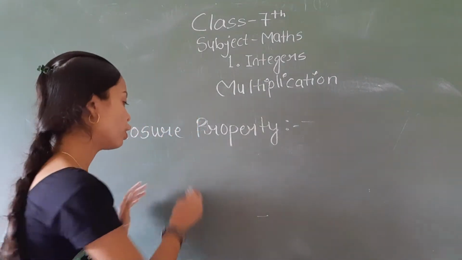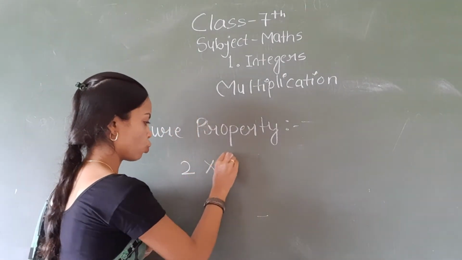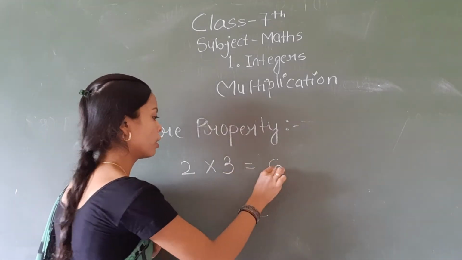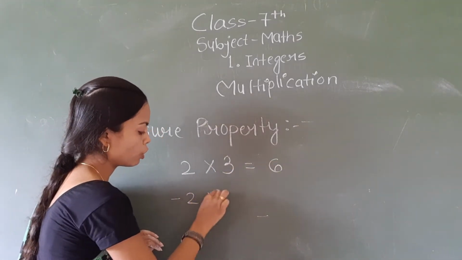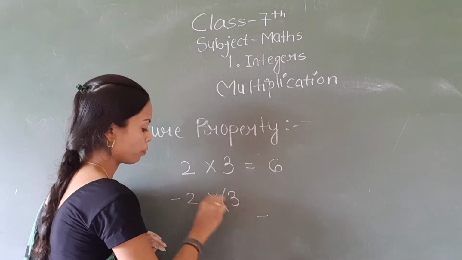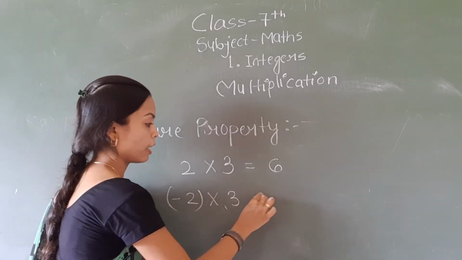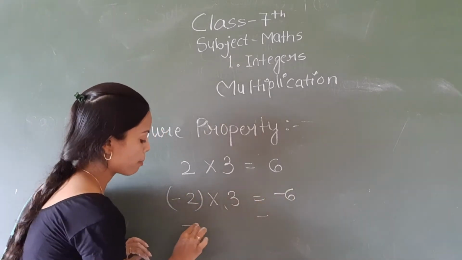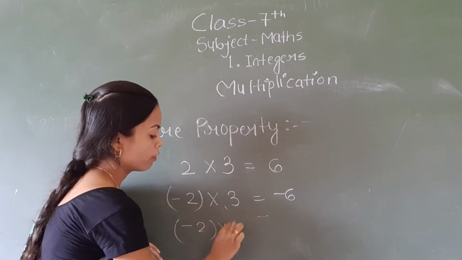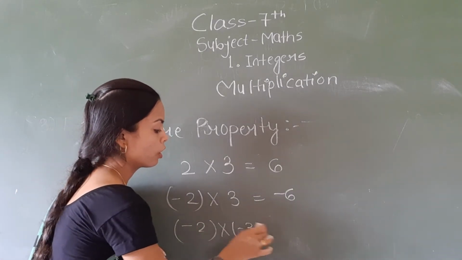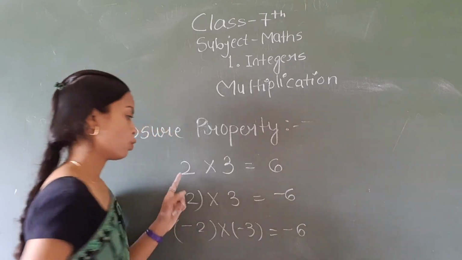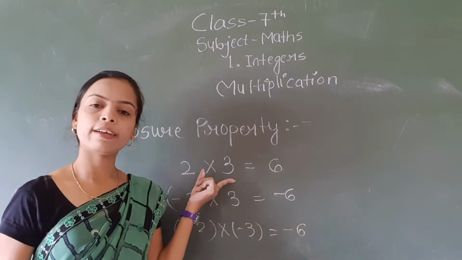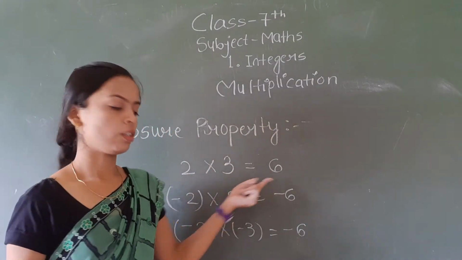If we multiply 2 into 3, our answer is 6. If we multiply minus 2 into 3, our answer is minus 6. If we multiply minus 2 with minus 3, our answer is 6. 2 is an integer, 3 is an integer, 6 is also an integer.